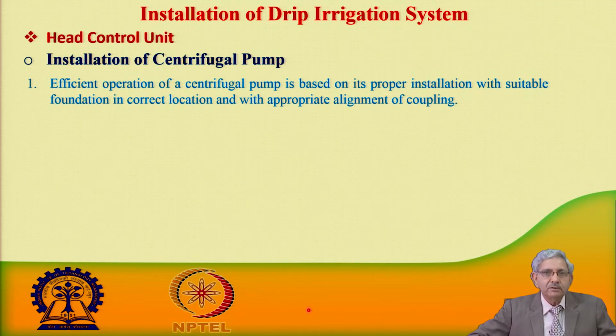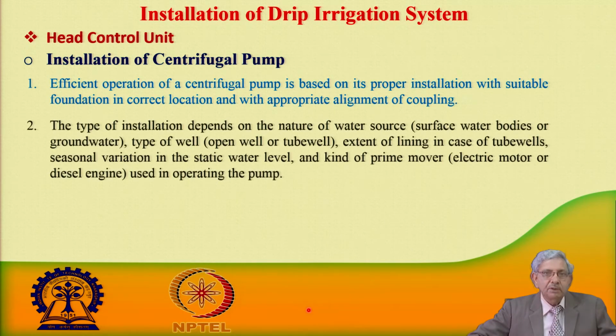For any system, what should be the suitable size of the pump? Once we have designed the size of the pump, that is, we have found out the horsepower requirement of the pump, then it should be properly installed at a suitable foundation and at correct location. Now, type of installation will depend upon the type of water source. This water source can be surface water or ground water.